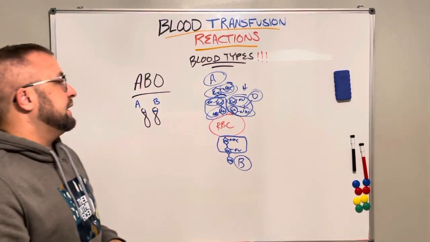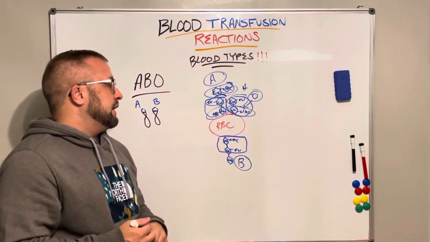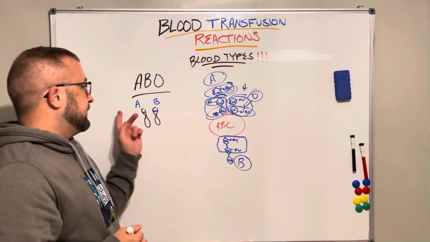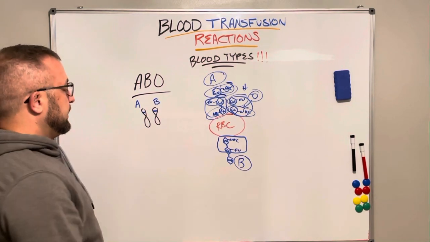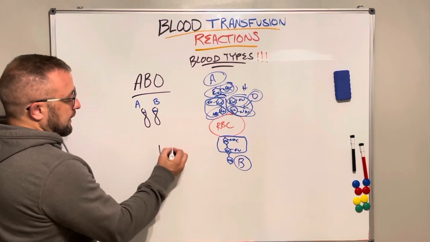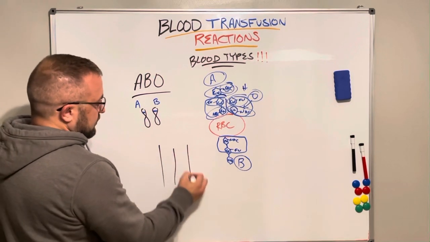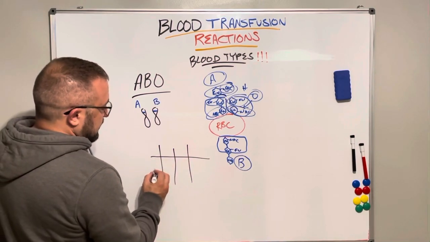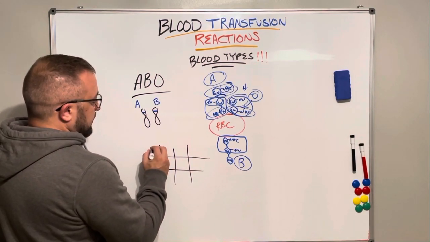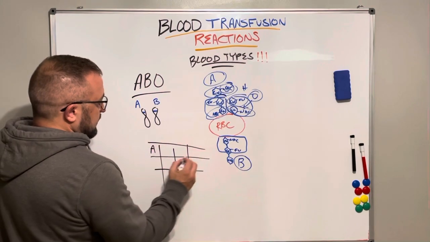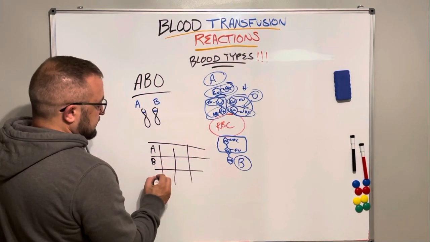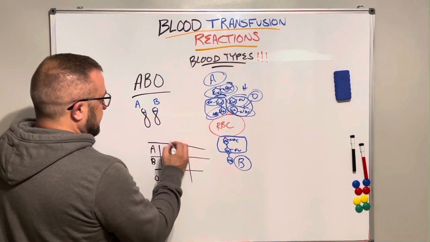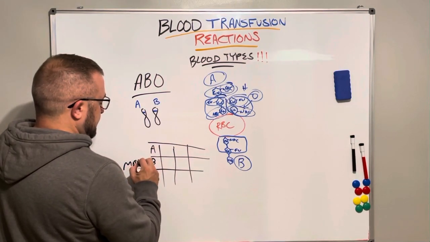Now, how do we inherit those? How we inherit these through this codominant fashion, we can draw the Punnett square. So we can say this side will be from the mother, and then we'll say this other side will be from the father.